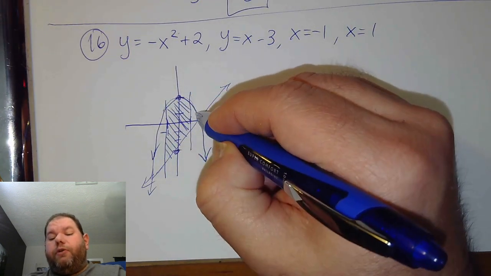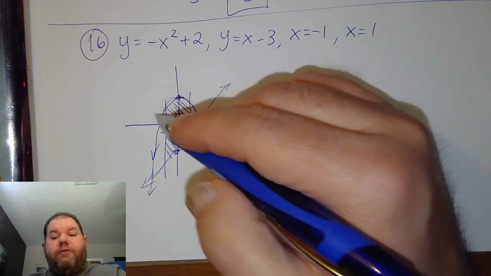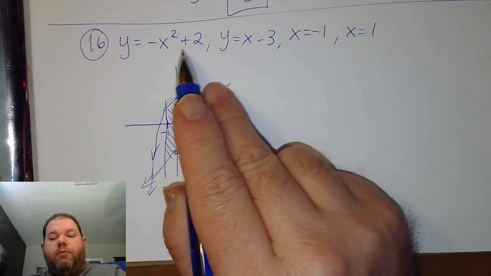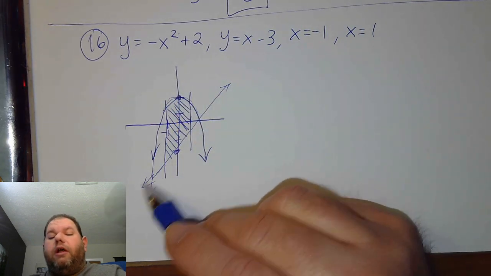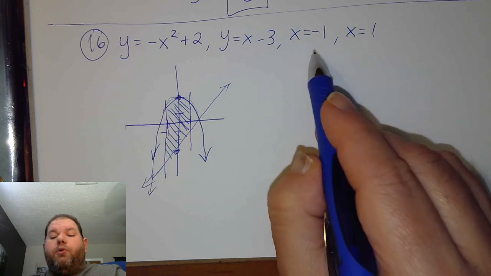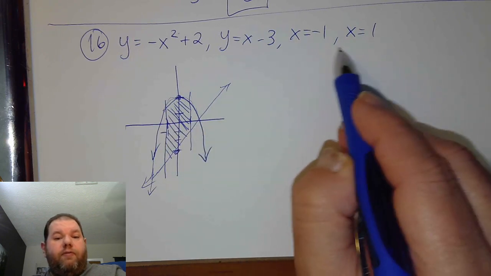We need to figure out which of the functions forms this top boundary. This is the quadratic one, so that's y equals negative x squared plus 2. And then our line, y equals x minus 3, forms the bottom boundary, but we're only looking at the area from -1 to 1 based on the information provided.